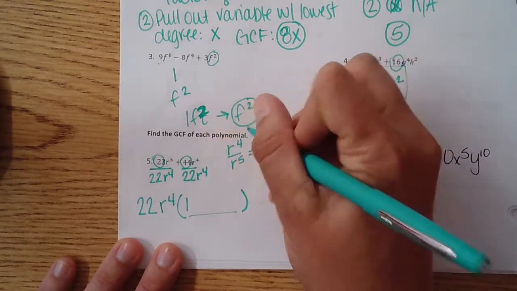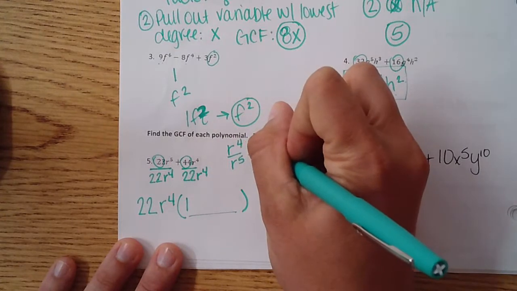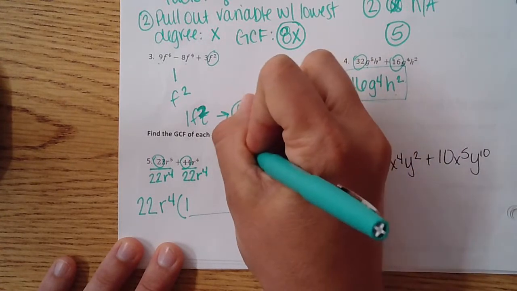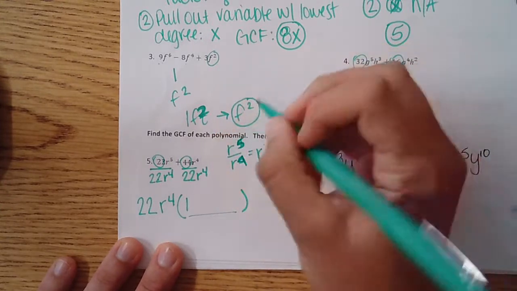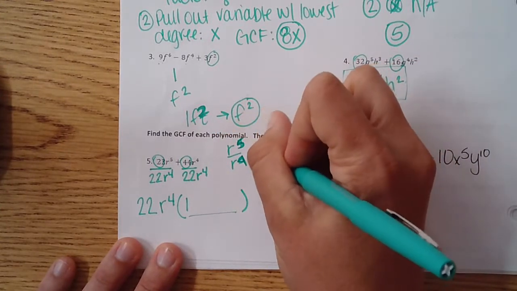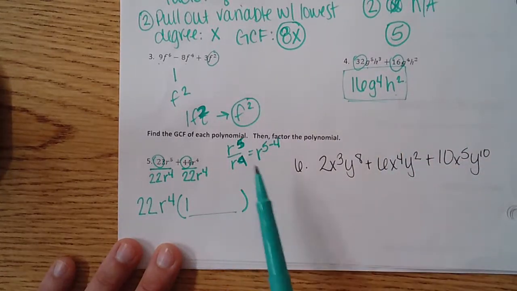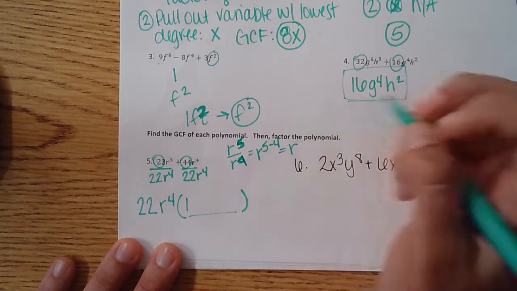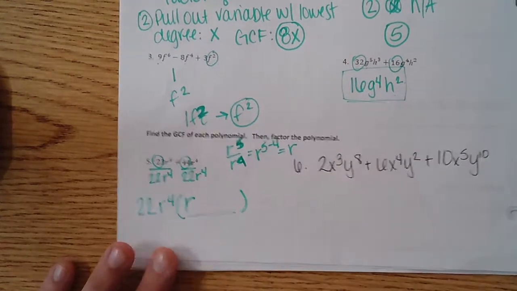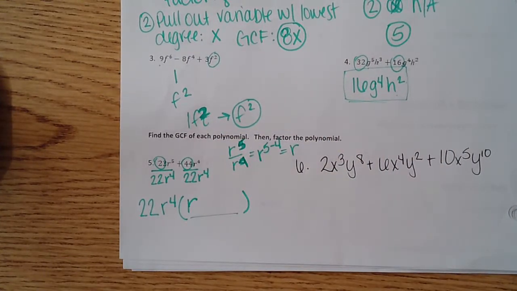When we divide variables with degrees, I have this backwards, I'm sorry. It's r to the 5th divided by r to the 4th. What we do is we subtract the exponents. So r to the 5 minus 4, which leaves us with r. Okay? So we have r left over there.